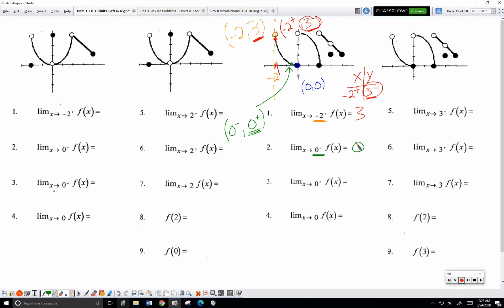Then, for the limit as x approaches 0 plus, come up here. This dot is at 0, 0. That's not where I should be looking. That's what I'm going to use if they said, what's f of 0? f of 0 is equal to 0. But I'm not looking there. I'm looking for the x-coordinate that is a little bit more than 0.